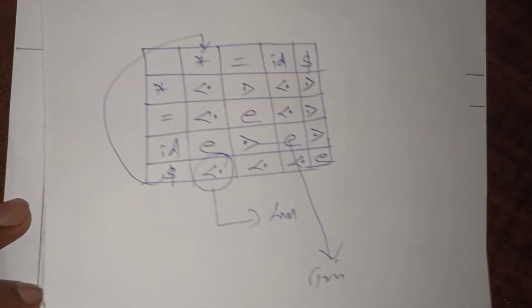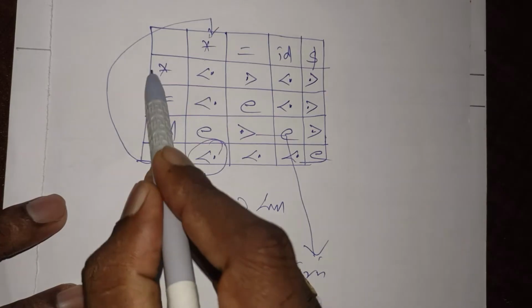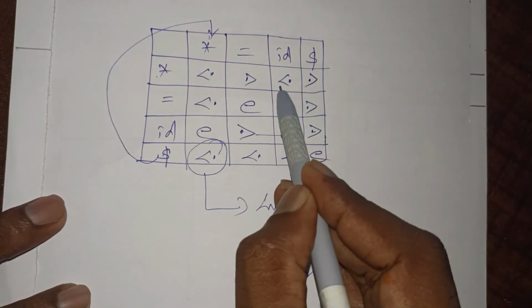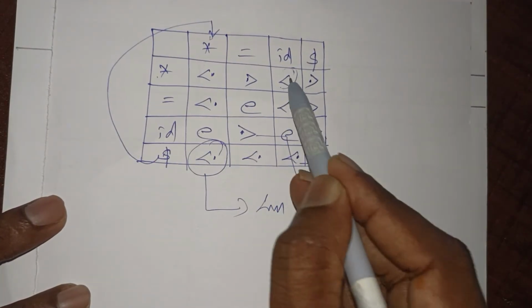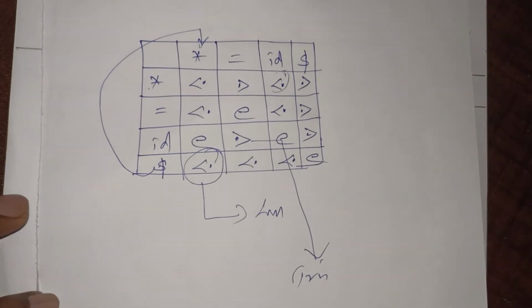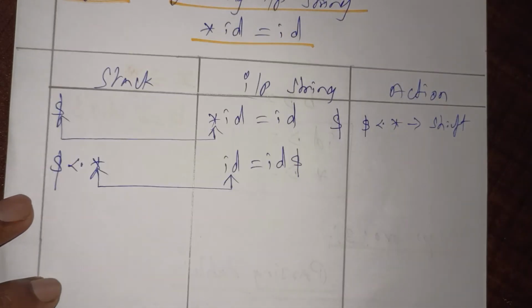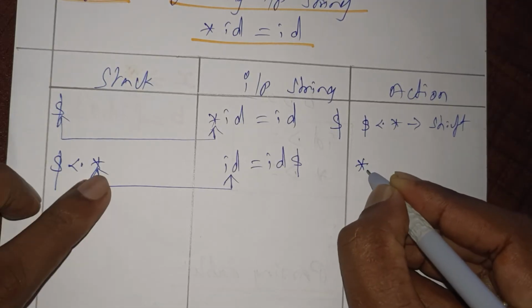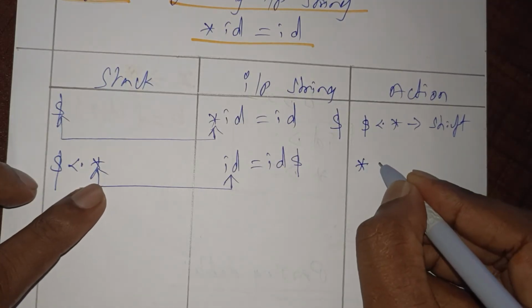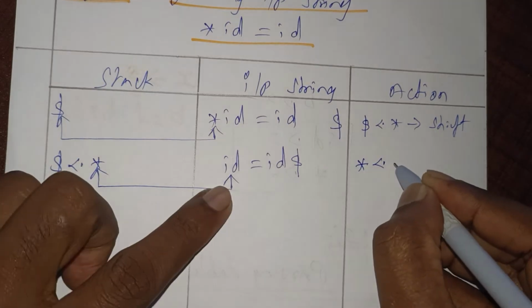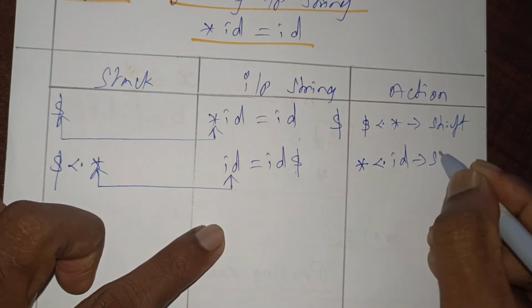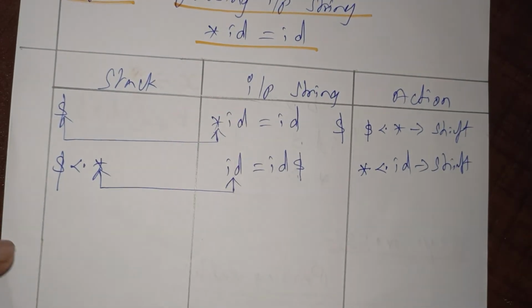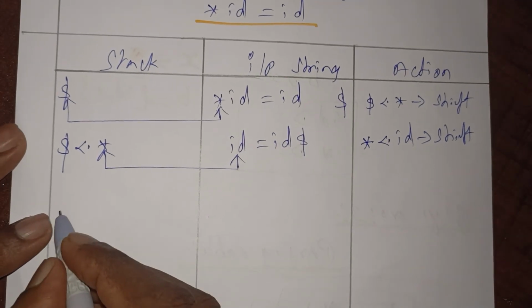In this particular given table, what is asterisk and id? I got a leading symbol. You know very well what we do if we get the leading symbol: we need to shift. So I compared this asterisk, got the leading symbol, and then I need to shift. I hope you understood how exactly the shifting is performed.